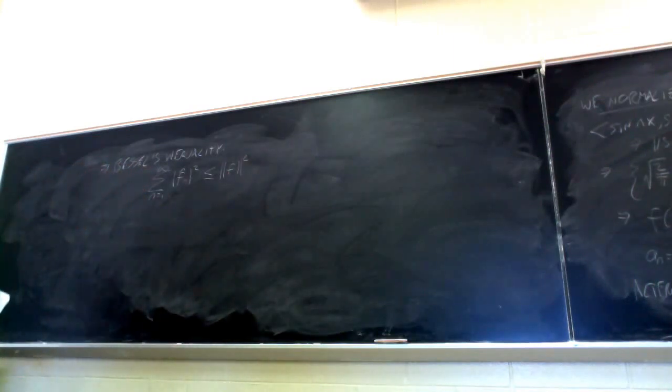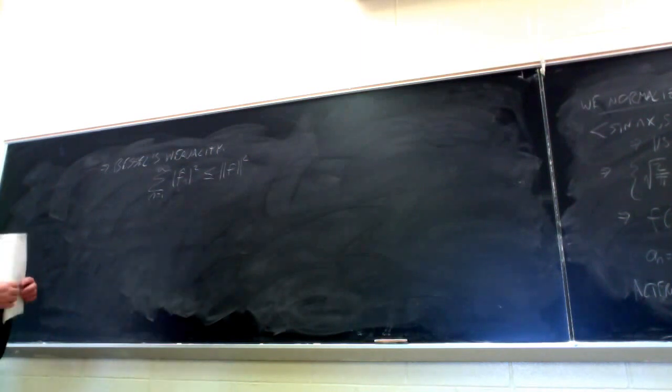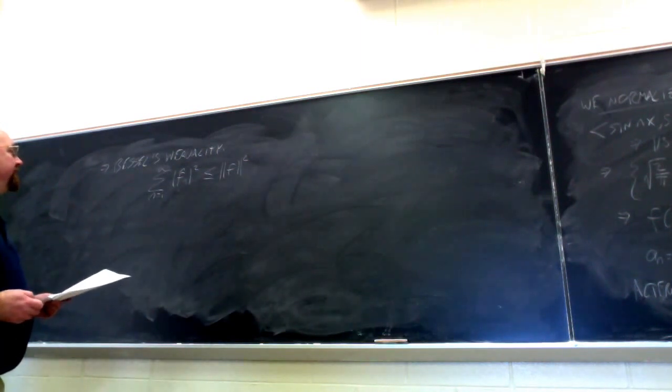So all I do is I take what was under the square root sign on a previous board, and I just let capital N go to infinity, because it's true for any finite n.